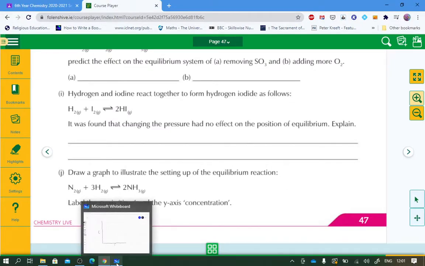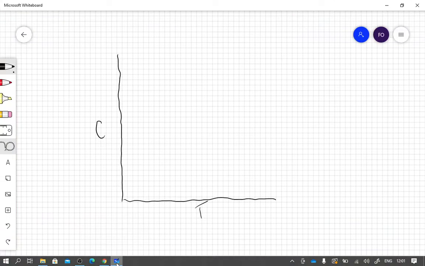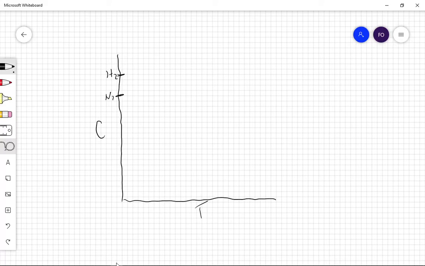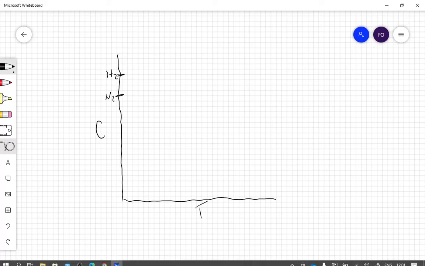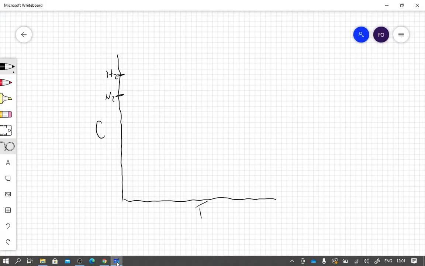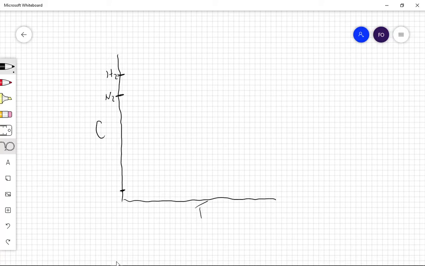So both of those will be starting off at high concentrations. H2, N2. Okay, and we're producing ammonia. So we're producing NH3. And that means we're starting off at a low concentration of NH3. In fact, we're probably starting off with nothing. But anyway, the graph is the most important thing.